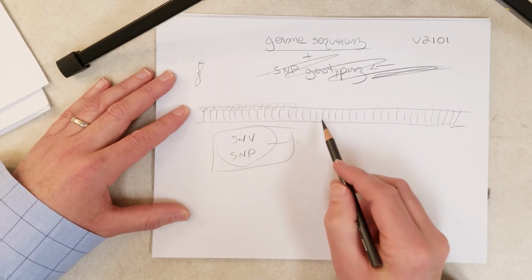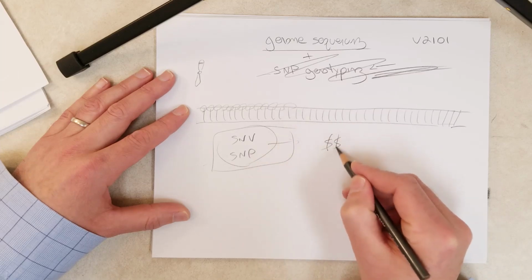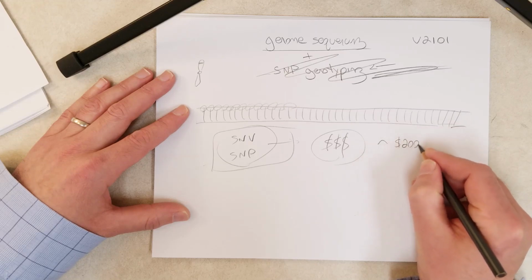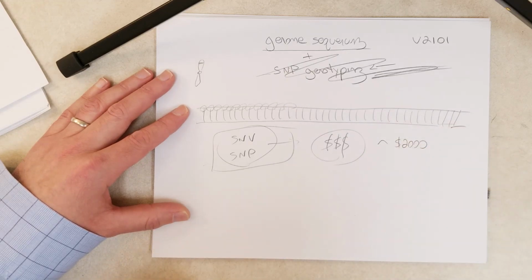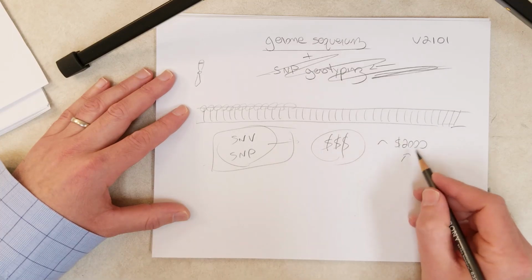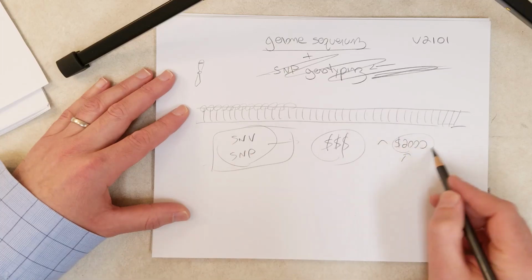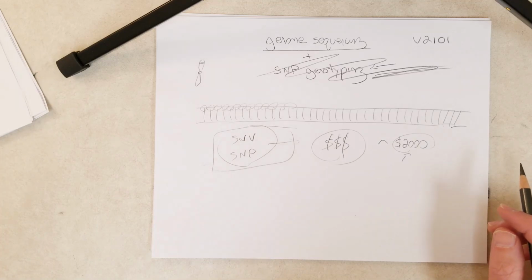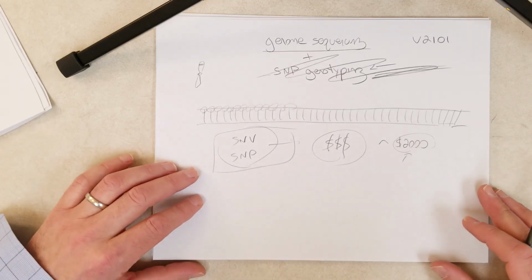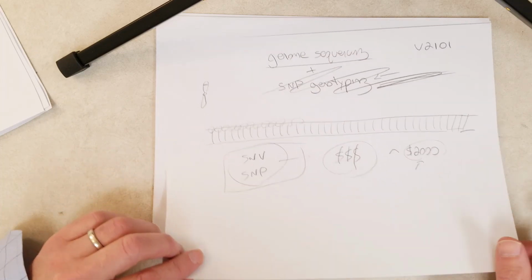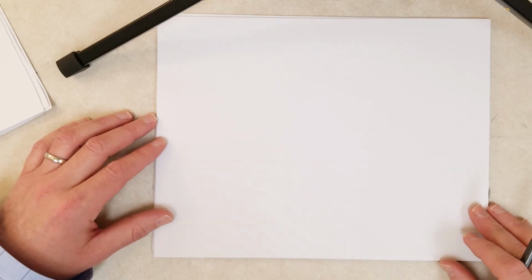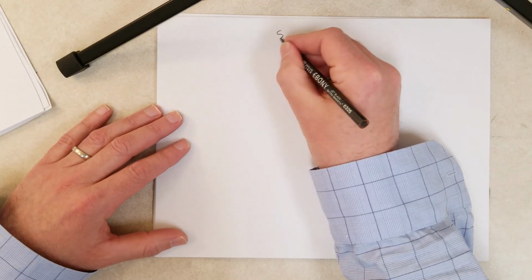So the problem with genome sequencing, though, is it's still rather expensive. I think it's maybe $2,000 to determine the sequence of a human genome, and it might be even more to get a perfect sequence, but you could probably get most of it for $2,000. So scientists who are doing giant studies that need lots of data and lots of genome information from a large number of people, what they can do is SNP genotyping.